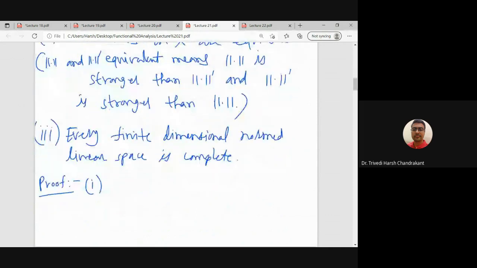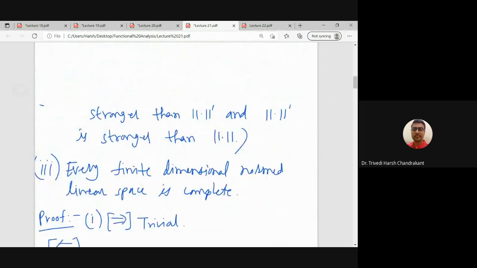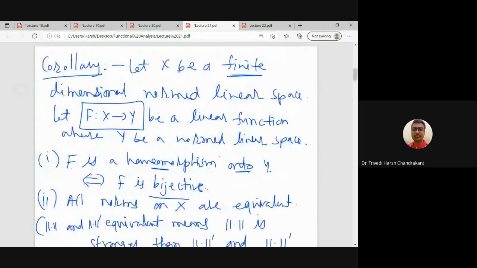So the forward part in the first part is trivial by the definition of homeomorphism. We need to prove only the converse part. What is the converse part? Converse part is if f is a function from X to Y, X is a finite dimensional normed linear space, and if f is bijective, then we need to prove that f is a homeomorphism.